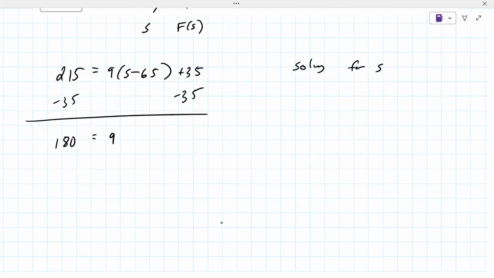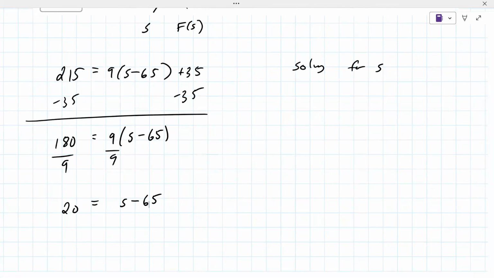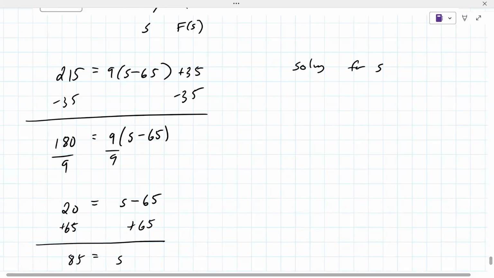180 equals 9 times (s minus 65). Divide both sides by 9. 20 equals s minus 65. And then you add 65 to both sides, so s is 85. Pretty healthy speeding here, 85 in a 65. You'd need an excuse, like you're taking your pet to the animal hospital or something, I guess.